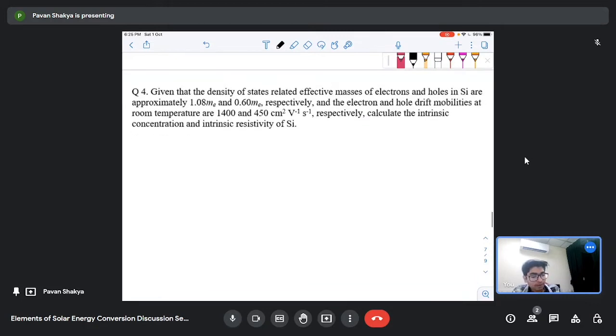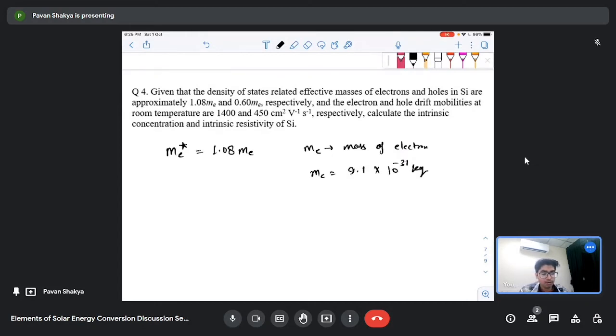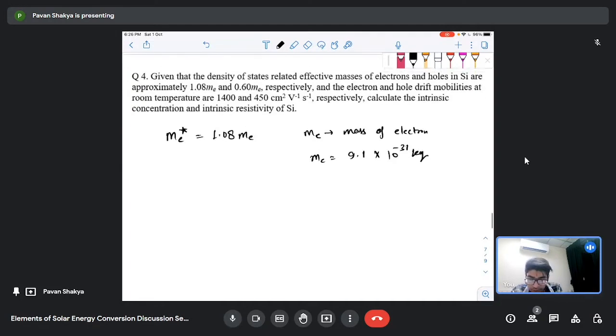Okay, so in the problem, the effective mass that we have represented as me star for the electron is given as 1.08 me, where me is the mass of electron, and it is equal to 9.1 × 10^-31 kg. Next, mh star, that is the effective mass for the hole, is given as 0.60 me.